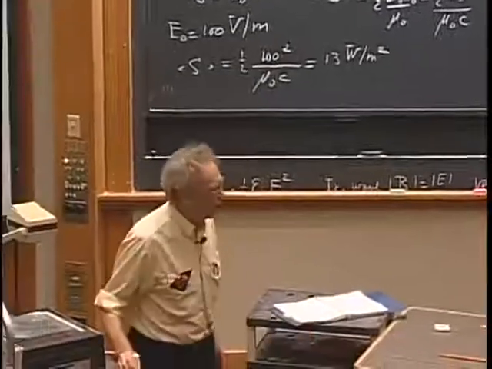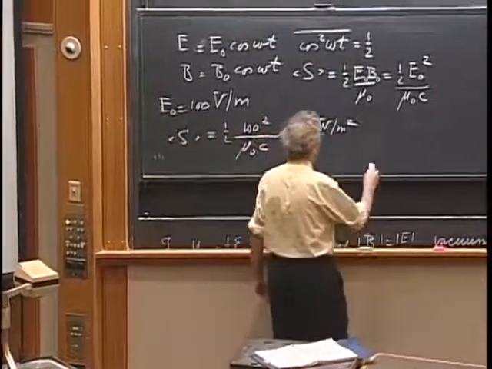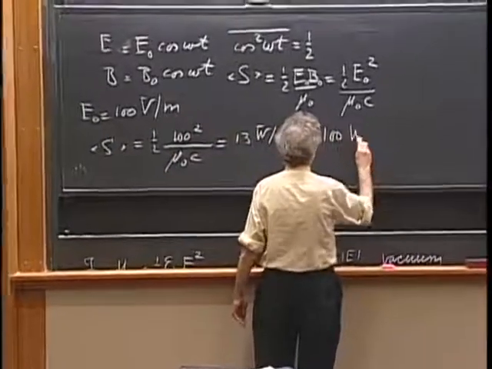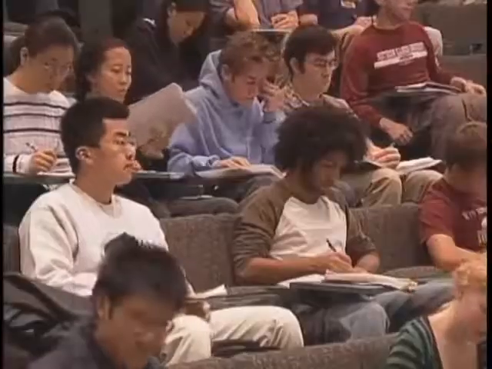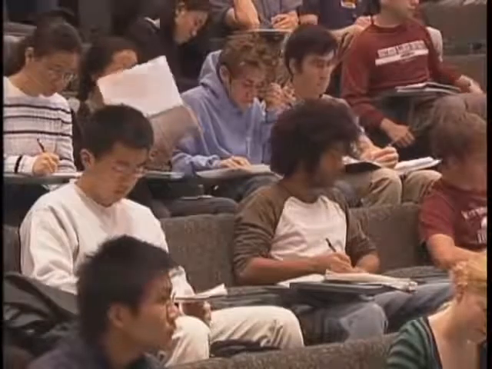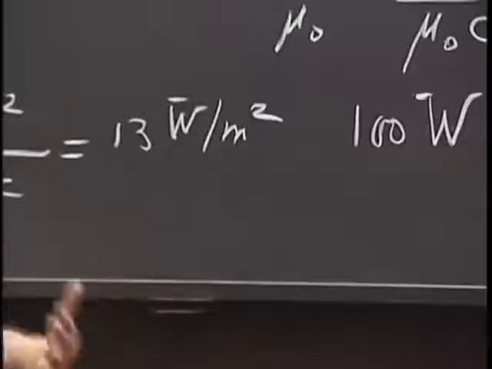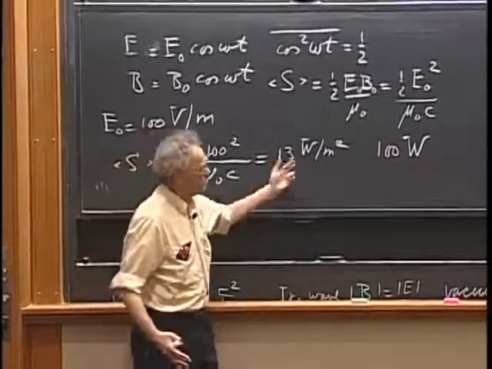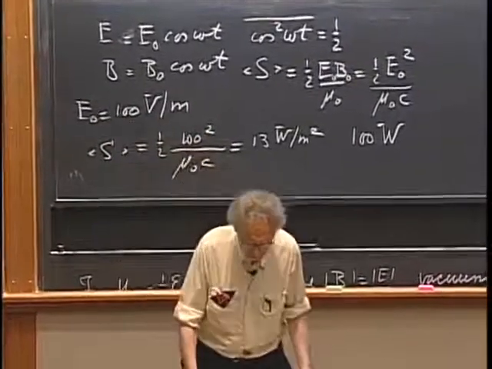And then the answer is no, you would hardly notice 13 watts per square meter. Your body itself radiates about 100 joules per second because of the body heat that you have. And so the 13 watts per square meter that you absorb, let's say your cross-sectional area is about 1 square meter, just to round it off, means 13 joules per second would be absorbed by your body.